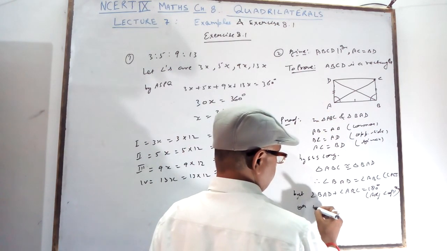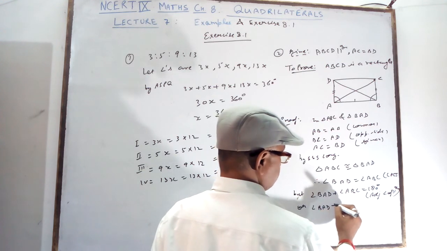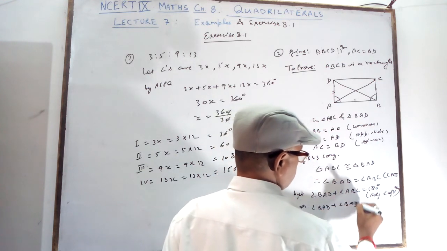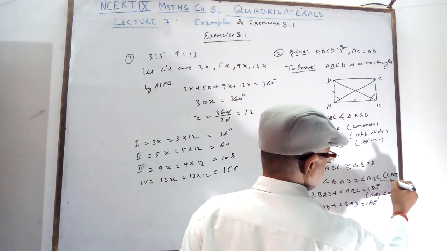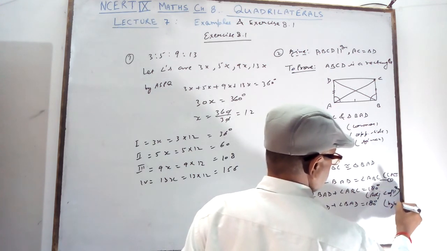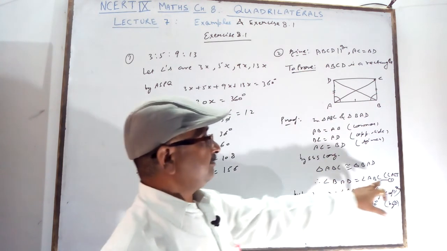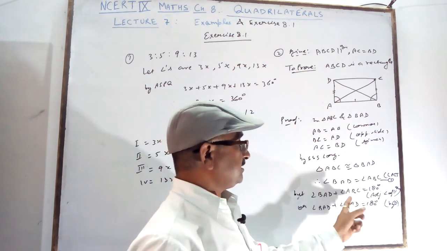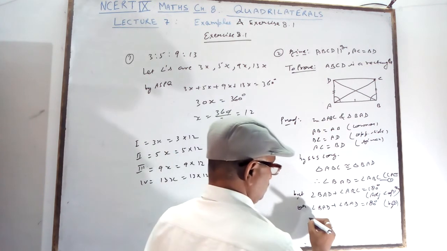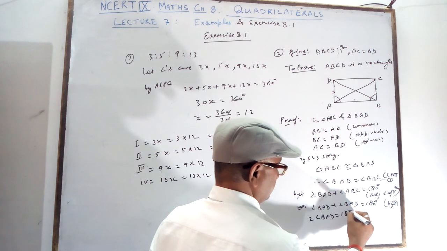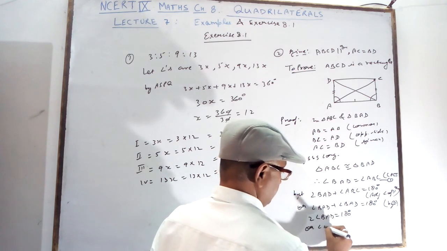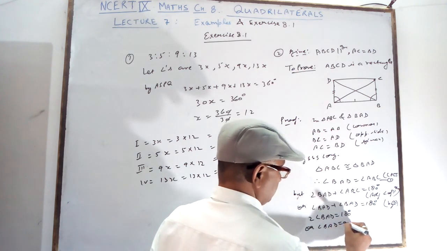Or you can write angle BAD plus angle BAD is equal to 180 degrees, since you have proved ABC is equal to BAD. So twice angle BAD is equal to 180 degrees, or BAD is equal to 90 degrees.